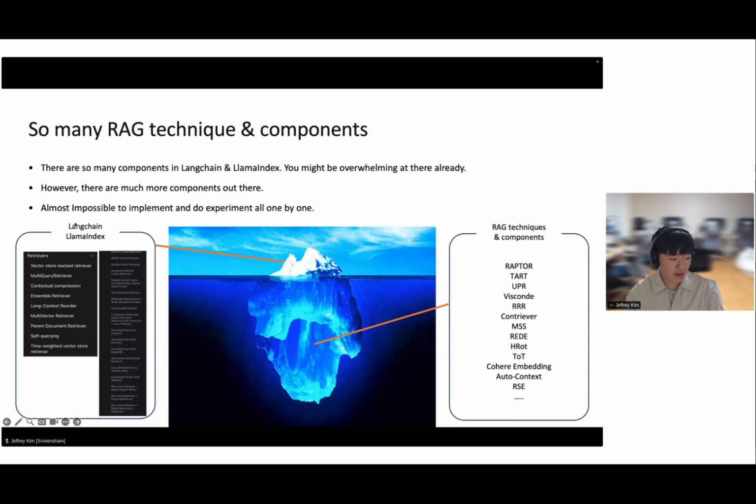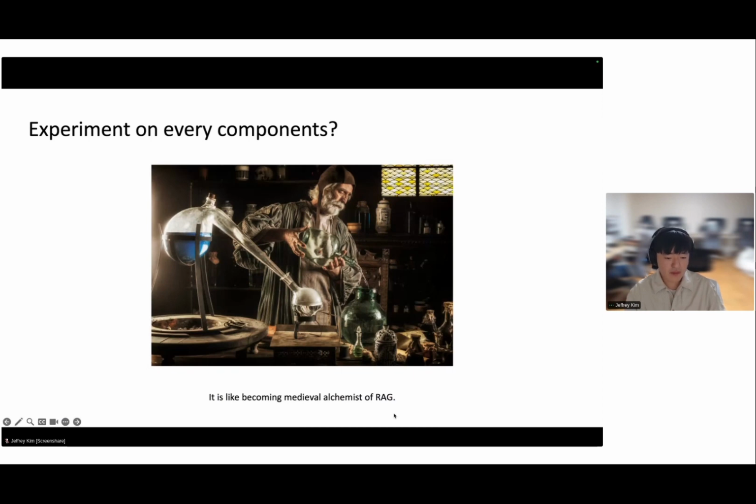Just in LangChain or Llama Index, which many people use, there are so many RAG components like multi-query retriever, auto retriever, auto merging, and so on. But that is just a few of all the RAG components. There are also Raptor, UPR, Visconde, and so on. So you can't implement everything and experiment one by one. It is almost impossible.